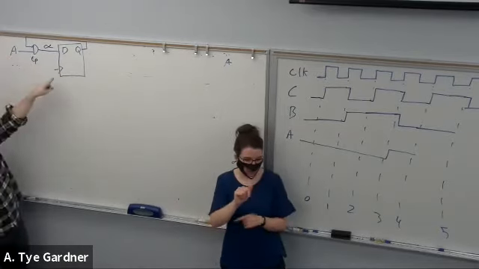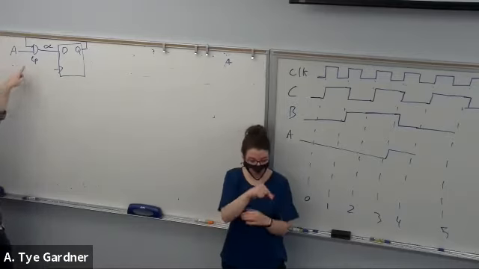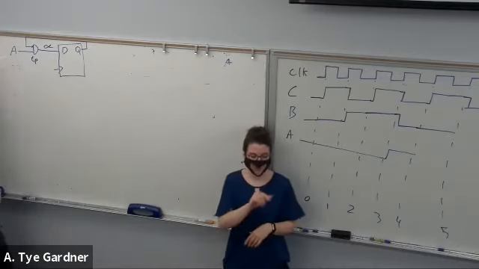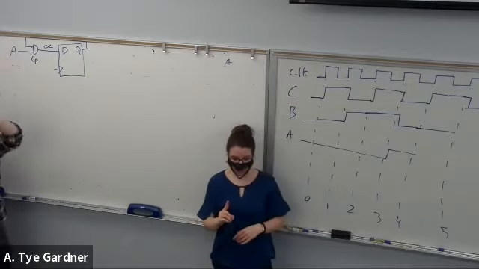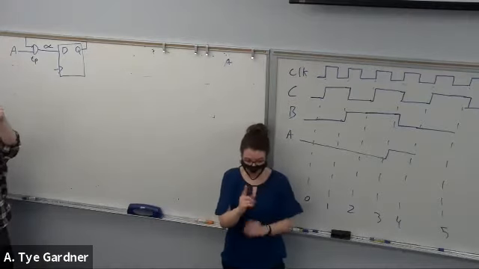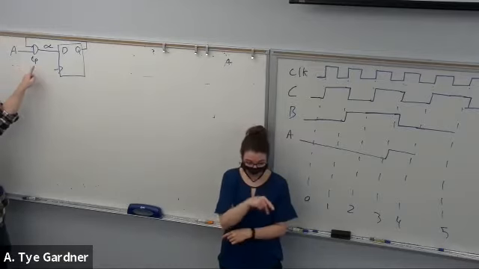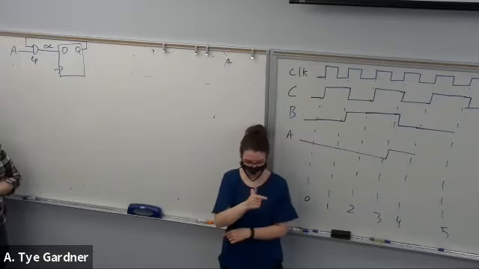So Q is 1, A is 0, alpha is 0. Then A changes to 1, so then I have a 1, 1. It takes TP, a propagation delay, before alpha updates.